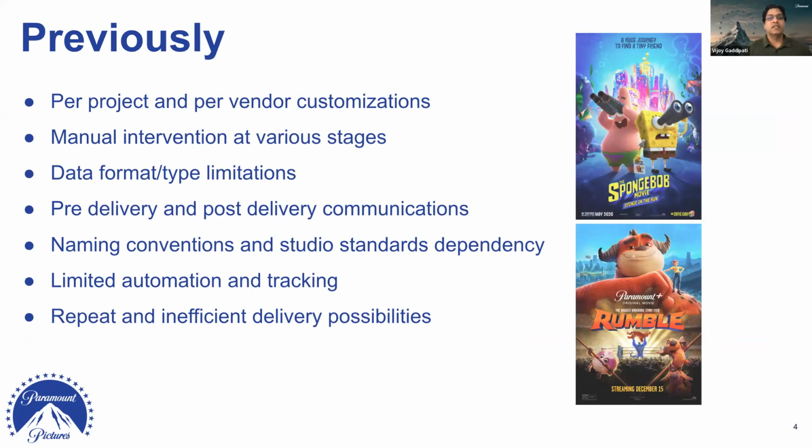So we started on this journey about 3 years ago, realizing that we need something which is going to save us a lot of time down the road. About 3 years ago, we were working on a couple of projects back then, SpongeBob, Sponge on the Run, and Rumble. During those projects, we were exchanging data, but it was more geared per project and per vendor, custom data, and a lot of manual intervention was required.